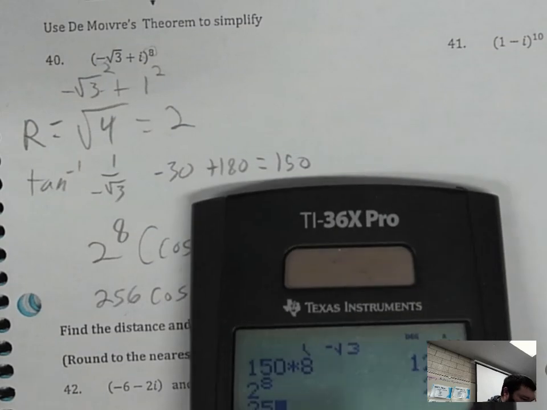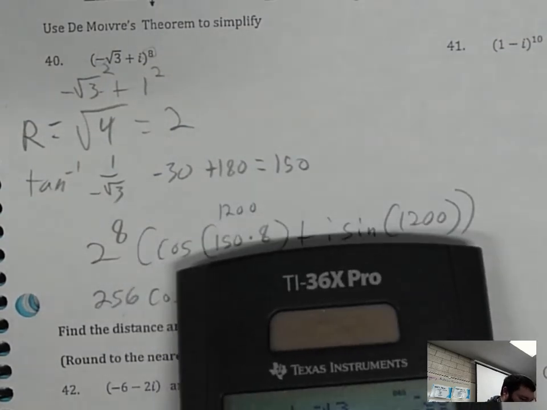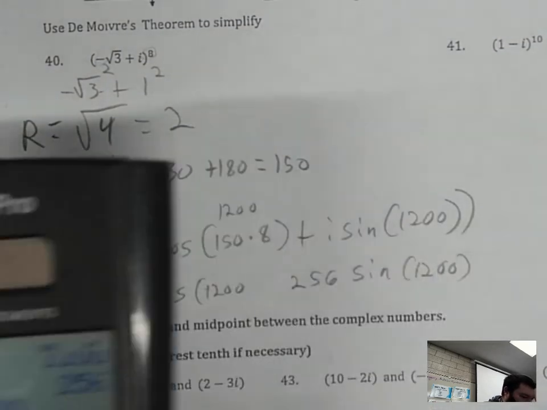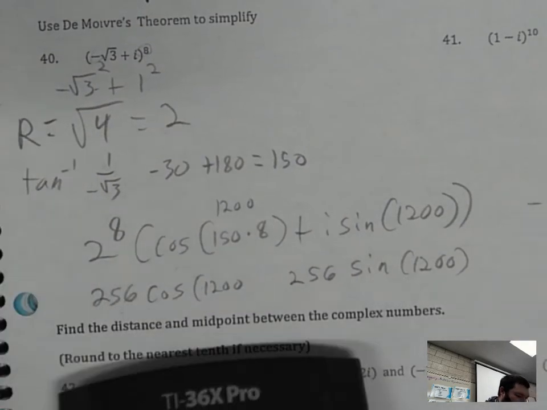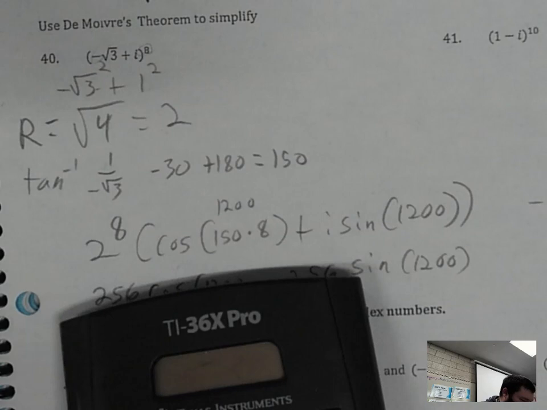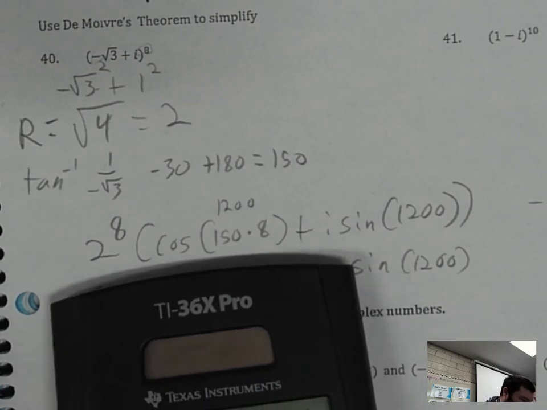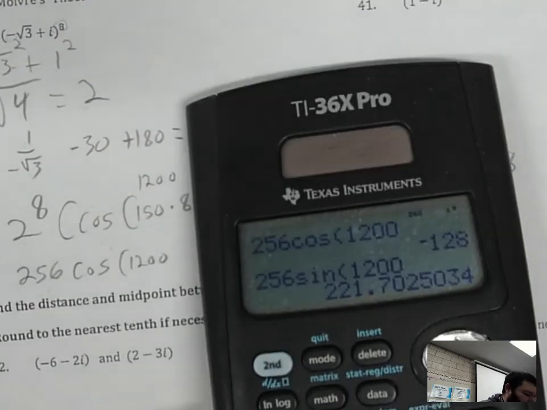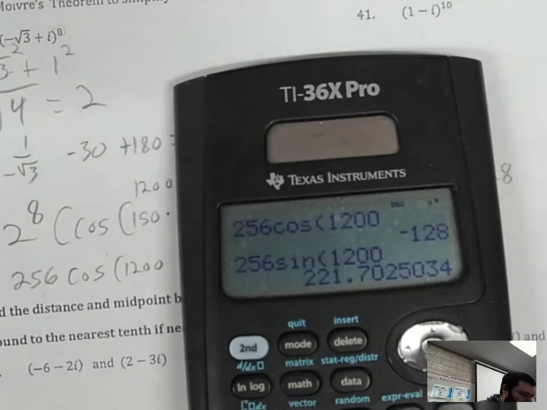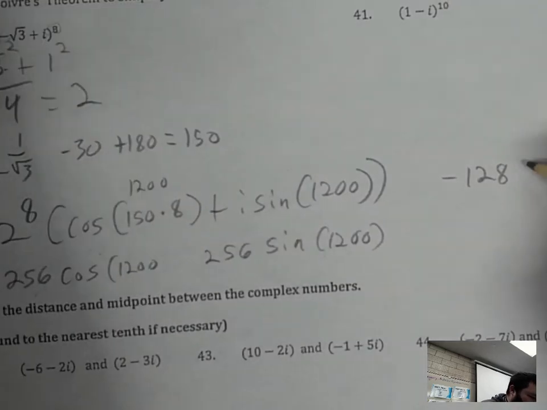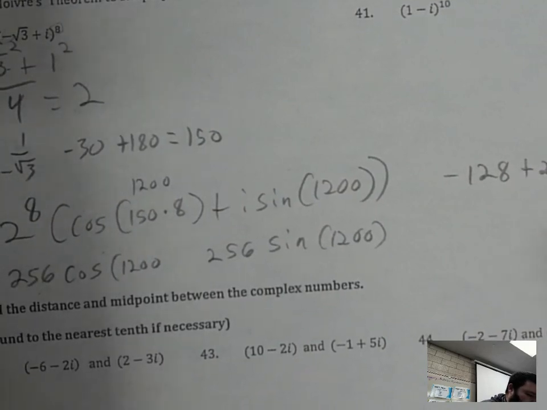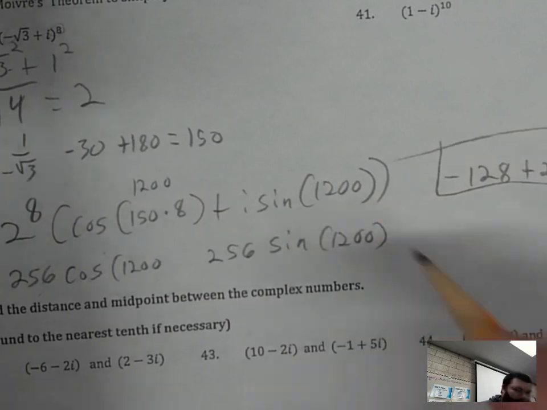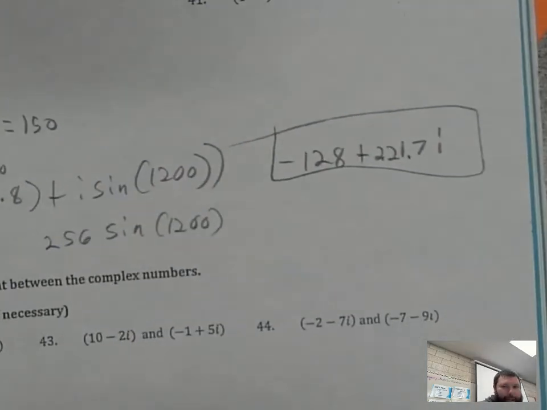So 256 times the cosine of 1200 is negative 128. So negative 128, and then 256 times the sine of 1200 is not a nice one, sadly, 221.7. So I'm going to add 221.7, and then that would be the i. And that's the answer. Okay? Got that big old thing.